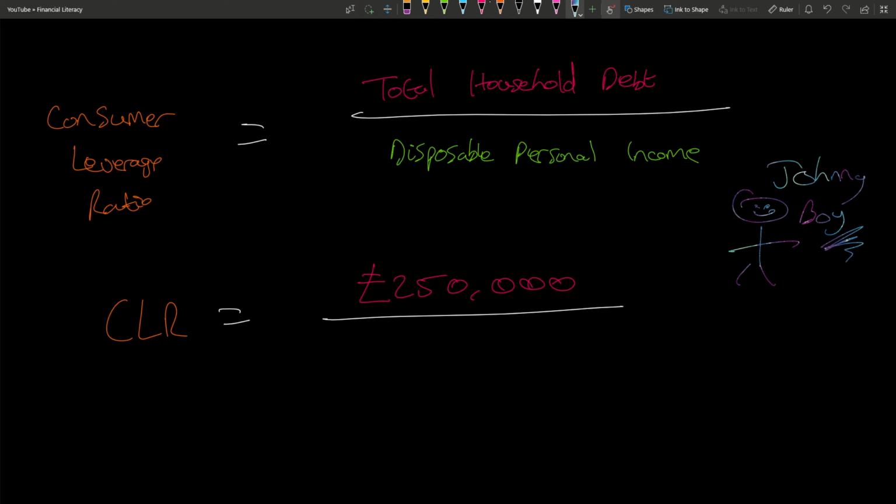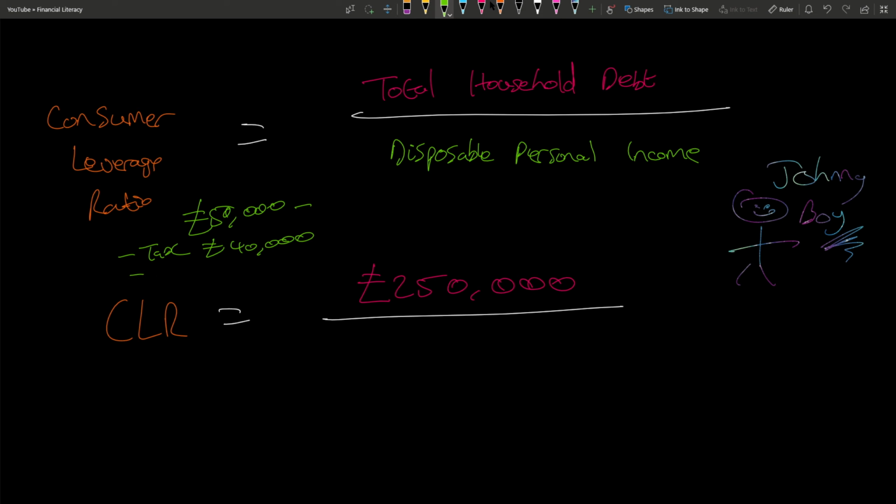And his disposable personal income. So let's back up a moment. Let's say he earns £50,000. Let's say after tax, he has left £40,000.